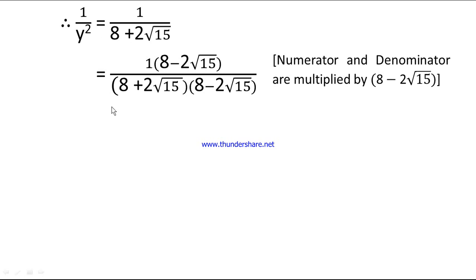Then the result will be, here look very carefully, we can use the a plus b into a minus b formula, that means the a square minus b square formula.